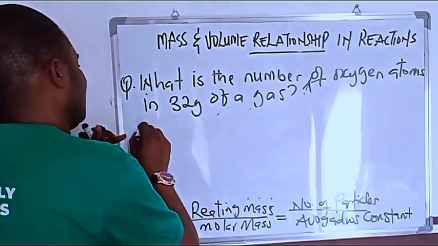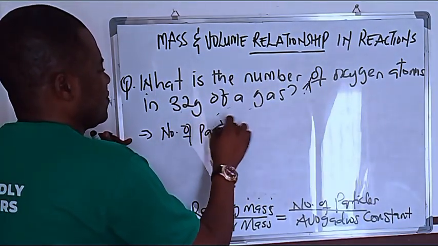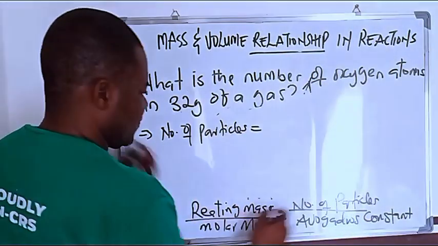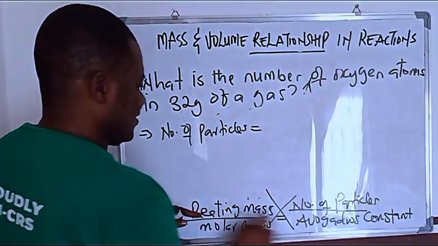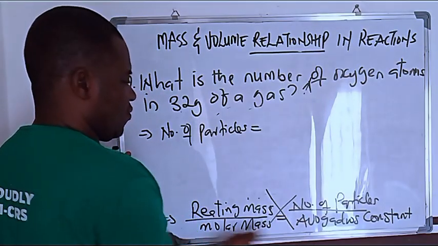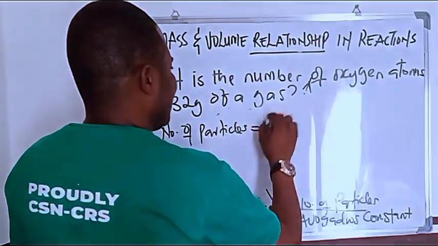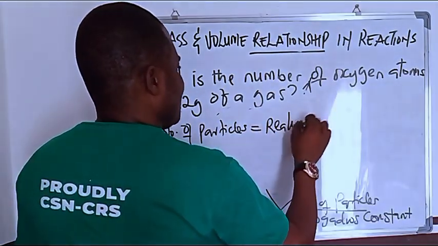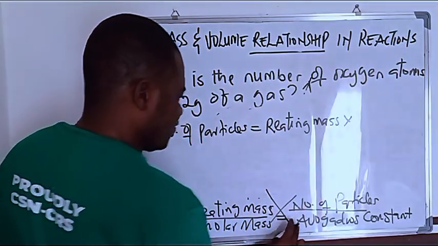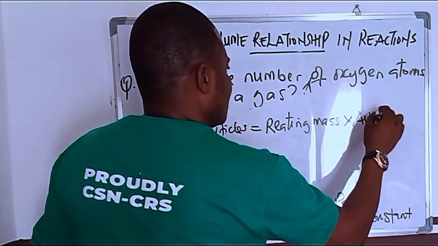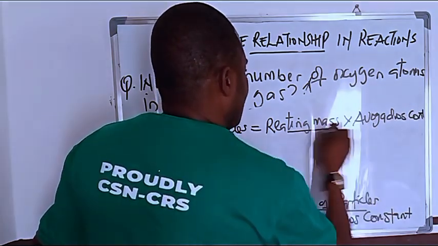So this implies that number of particles is equals to, we cross multiply, reacting mass times Avogadro's constant all over what?